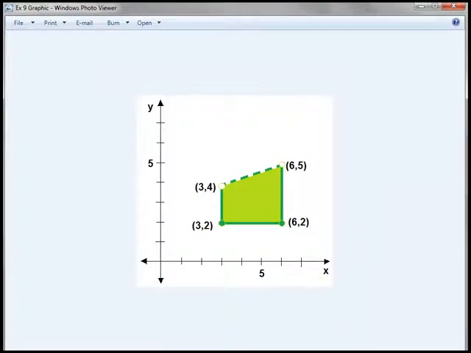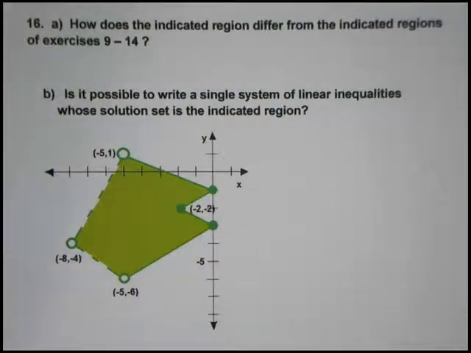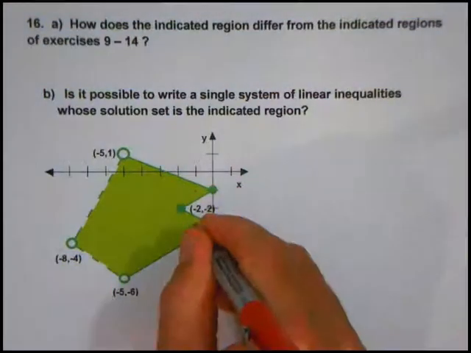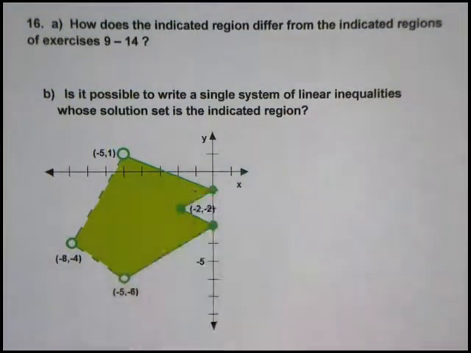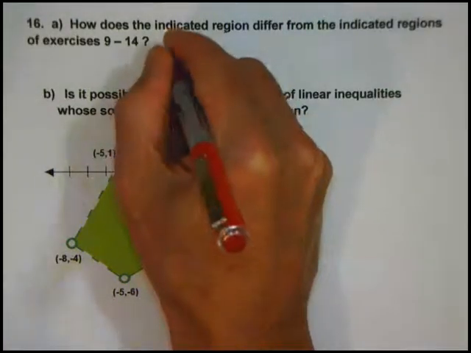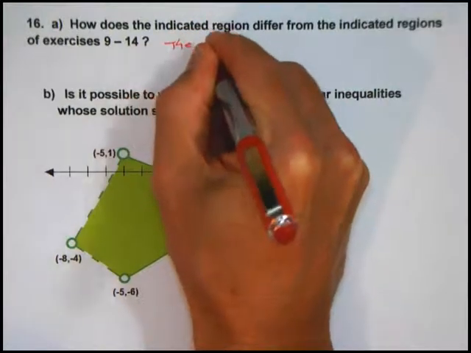Now, if we take a look at this indicated region here, you'll notice it's not bulging outwards, convex. It in fact has an indentation, concave. Or more mathematically, there are two points, for instance, here and there. If I connect those two with a straight line segment, the line segment would not lie within the region. So this indicated region is concave as a result of that.